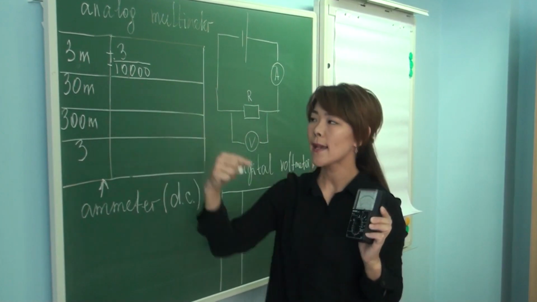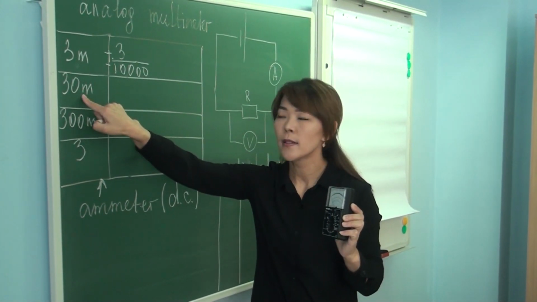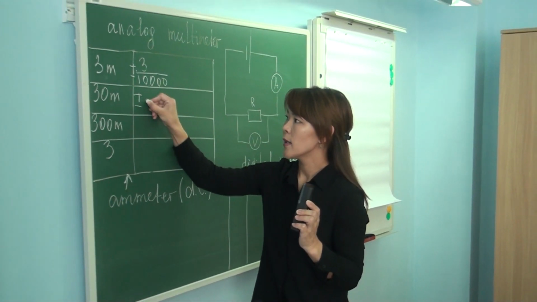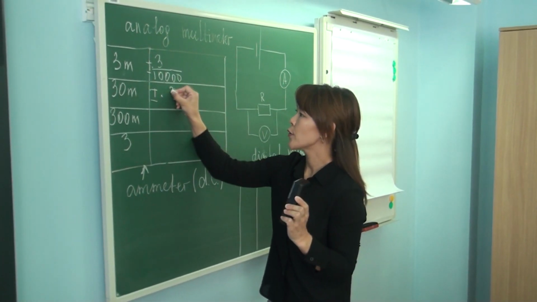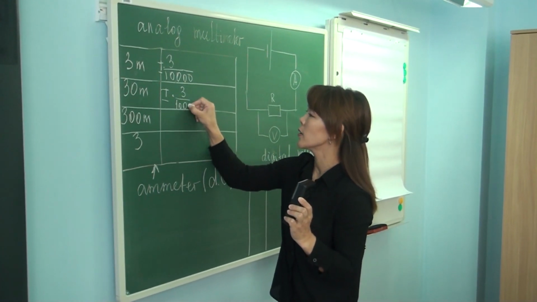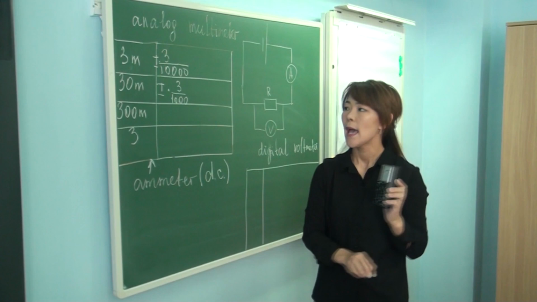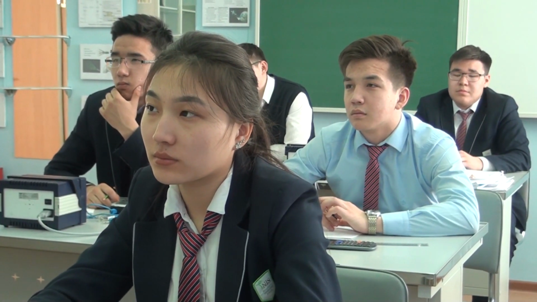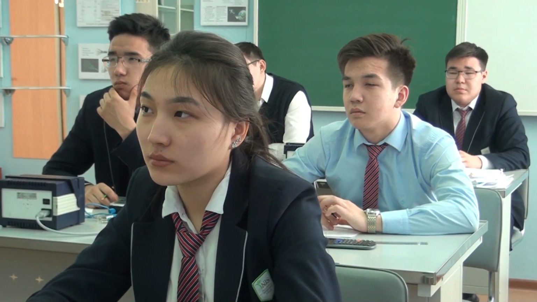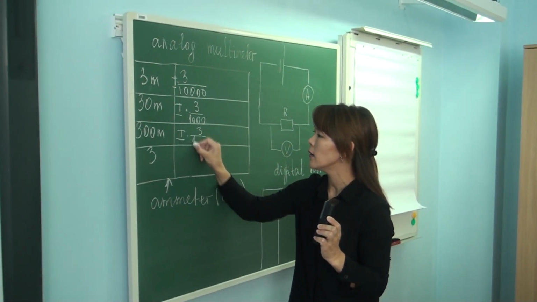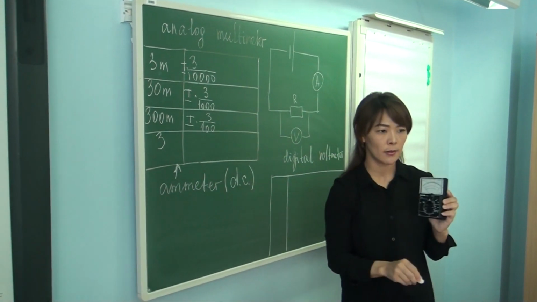Second, if you use 30 milli, the value of current is multiplied by 3 and divided by 1,000. When you use 300 milli, you multiply the value of current by 3 and divide by 100.